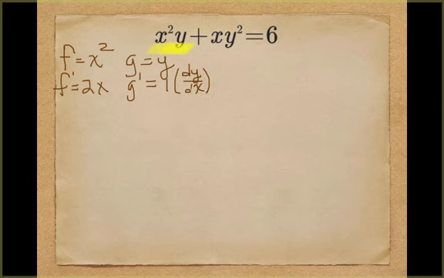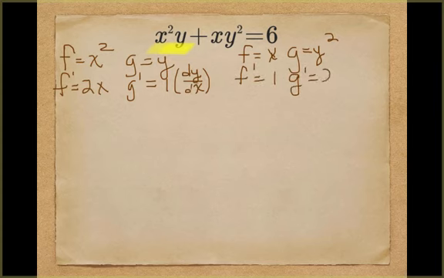And then for this second set, I have x times y squared. So f equals x, g equals y squared, f prime equals 1, and g prime equals 2y times dy dx. So let's start out with this first one.